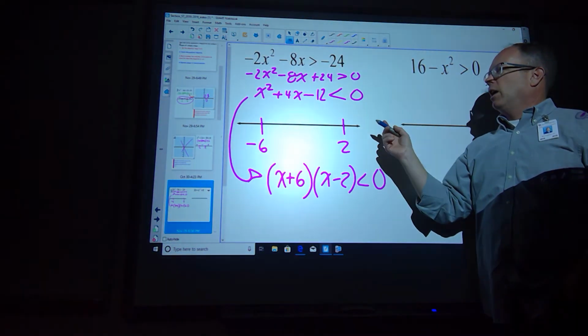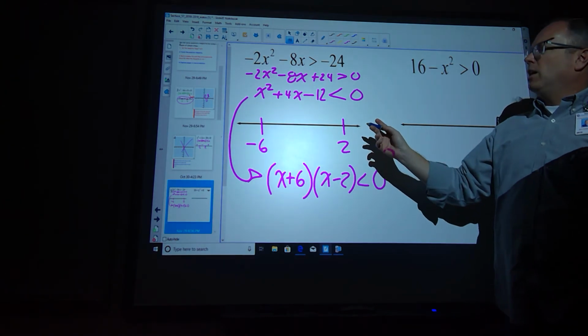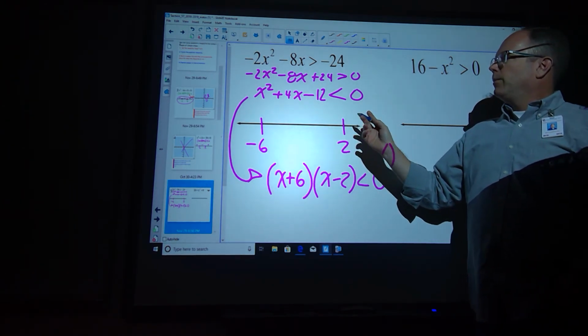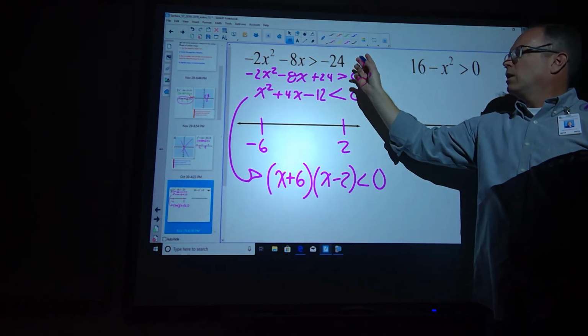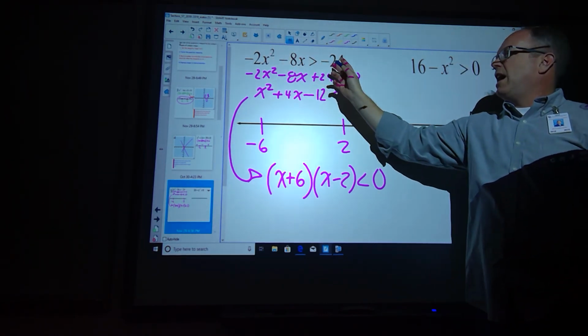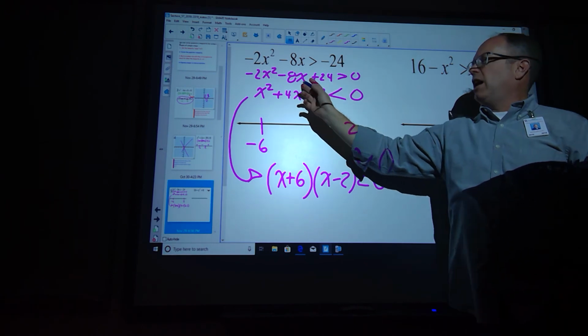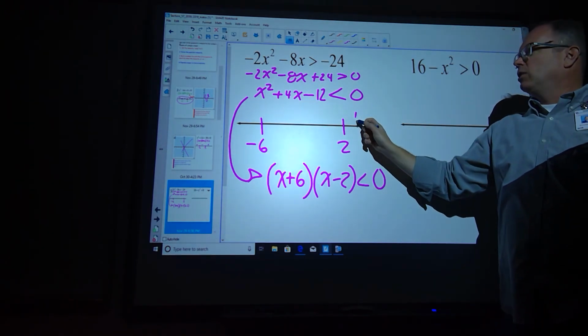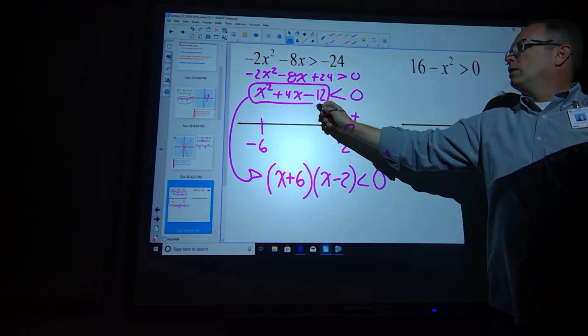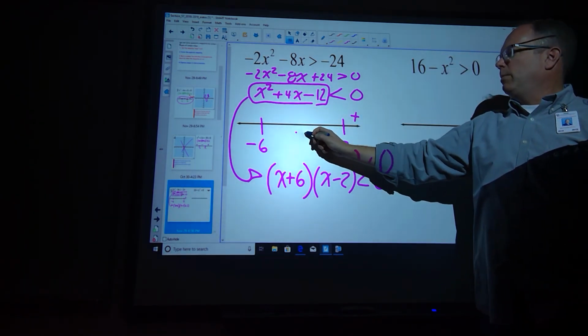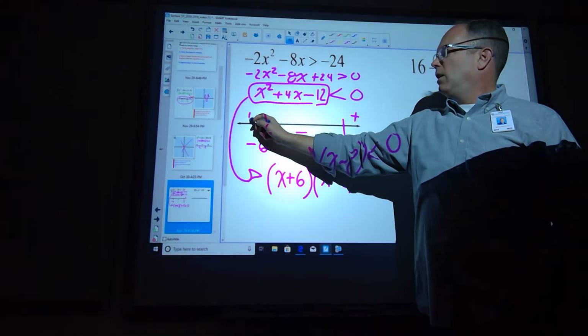I'm going to start way over here. This parabola here was that. When I change the sign, I get down to this. So I'm positive over here because I'm basing it off of this parabola. In between them, it would be below, so that's negative, and positive over here.